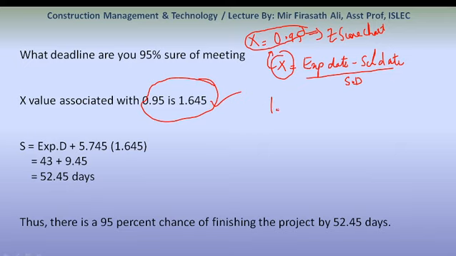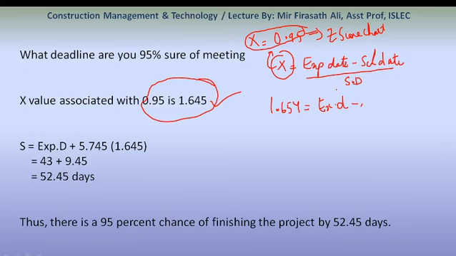So substitute: 1.654 is equal to scheduled date minus expected date, divided by standard deviation.